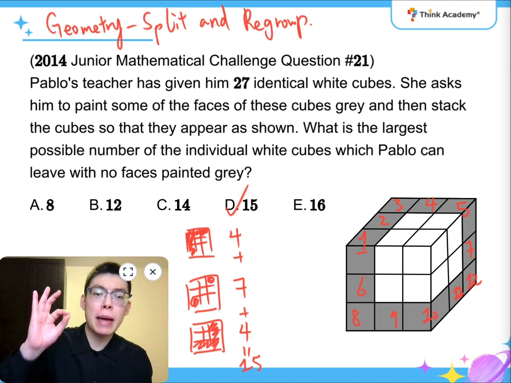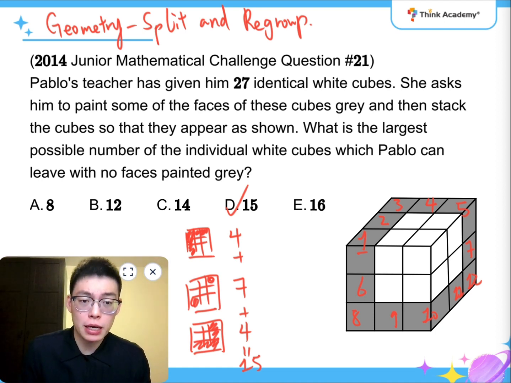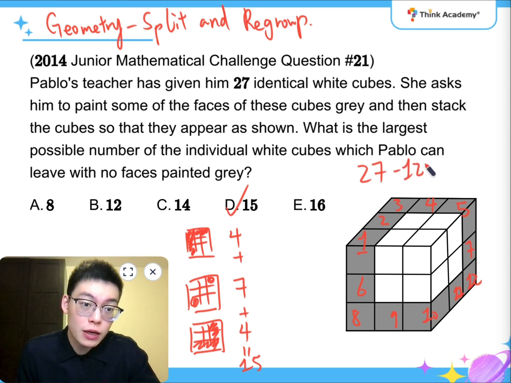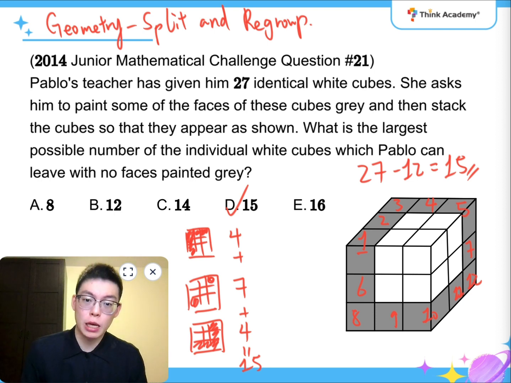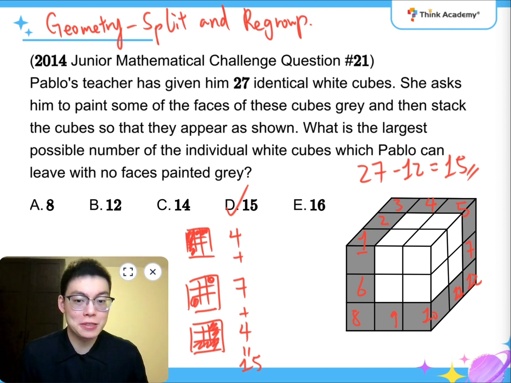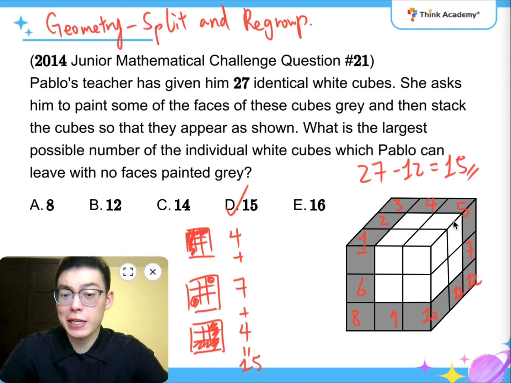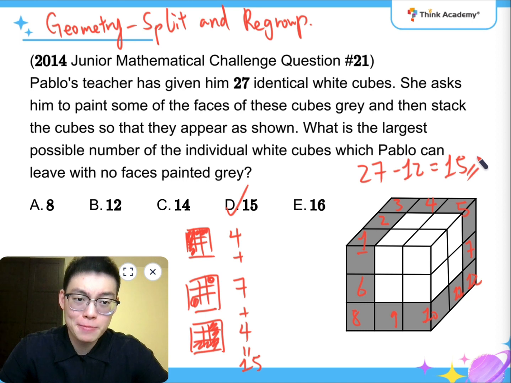So the maximum possible number of white cubes that are not painted gray is just going to be 27 take away 12, which is 15. Okay, so that's how we can solve this question. Not too hard. But this question is definitely pretty daunting if you're just looking at it.